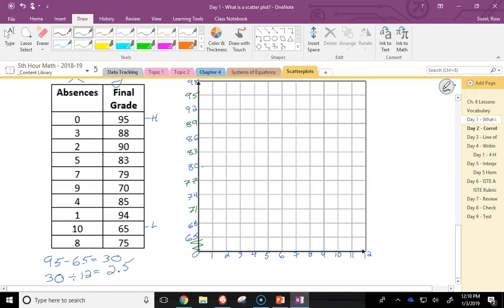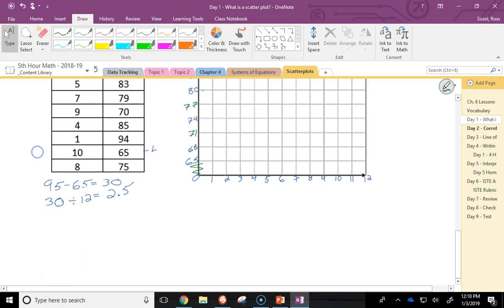Alright. So if you're seeing this, we decided right here that our scale had to be at a minimum 2.5. We made it 3, just because that was an easier number to count by. That became our scale going on our y-axis. We did the squiggly.